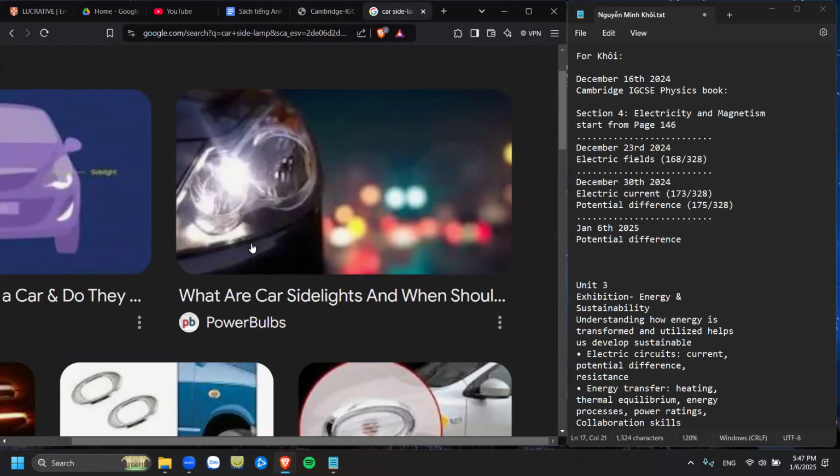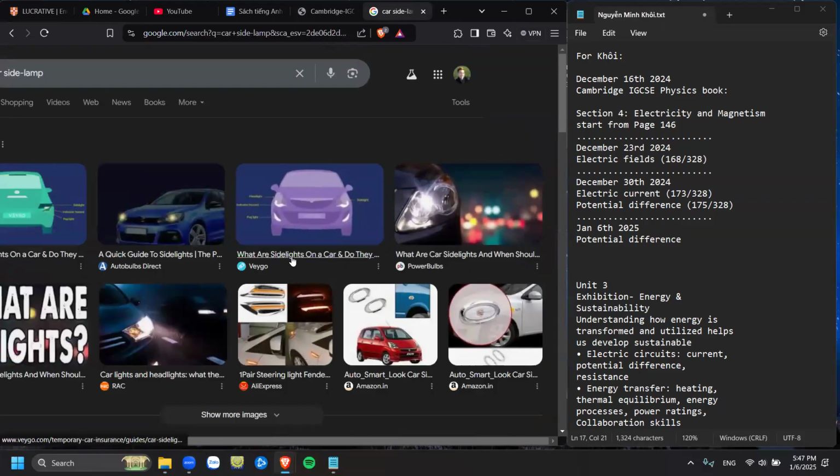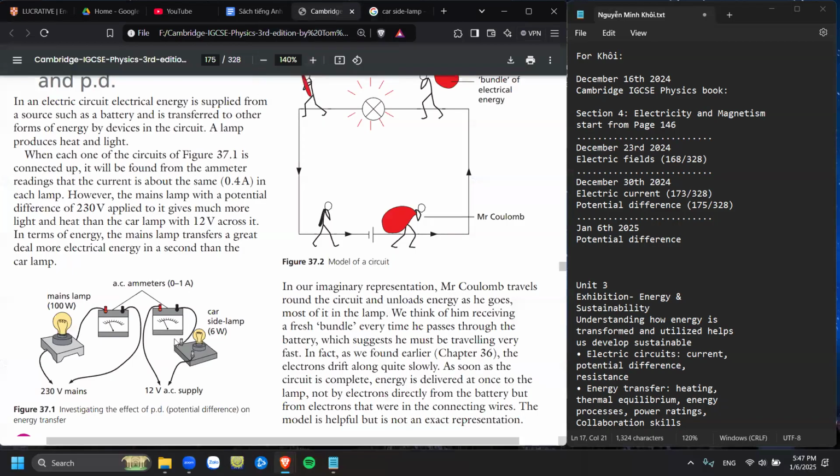It's not too bright to be honest with you, but it's enough to illuminate something in the dark, so that people won't crash into you on the road. This one is connected to a 12-volt supply, which is the battery of the car.